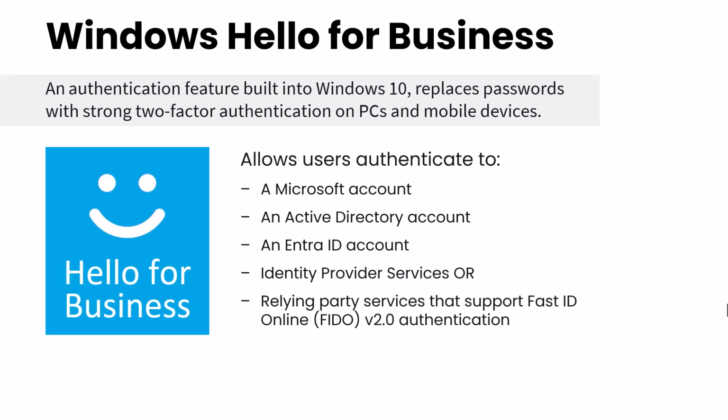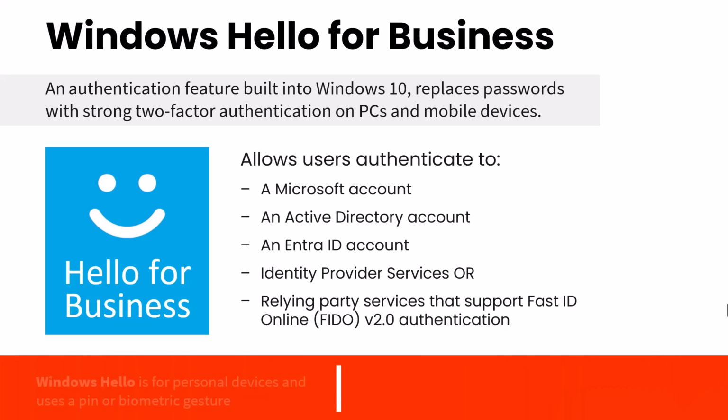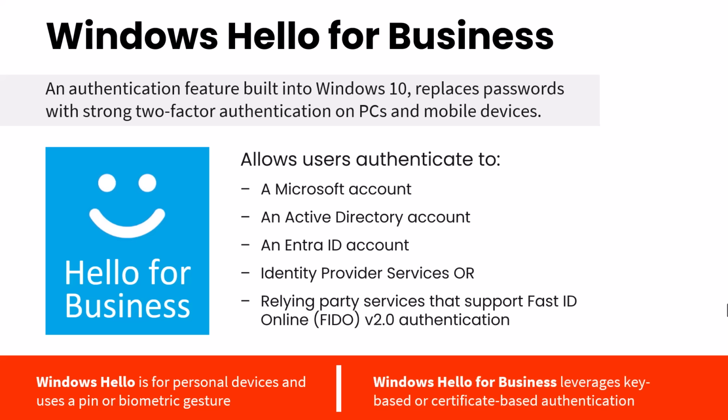So if you're leveraging FIDO2, you can integrate that as a component of Windows Hello. And there are two flavors of Windows Hello. There's Windows Hello for personal devices, which uses a PIN or biometric gesture, and Hello for Business, which leverages key-based or certificate-based authentication. But remember, Windows Hello replaces passwords, so it is thus passwordless.